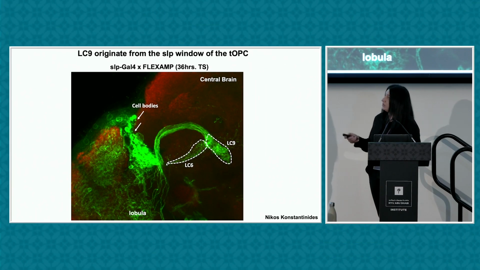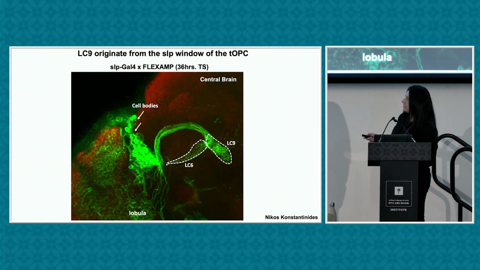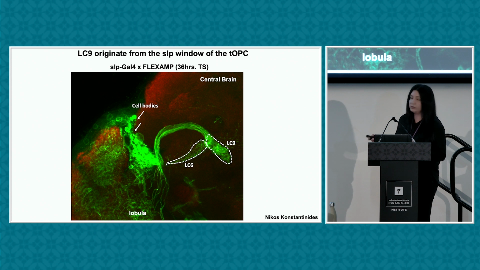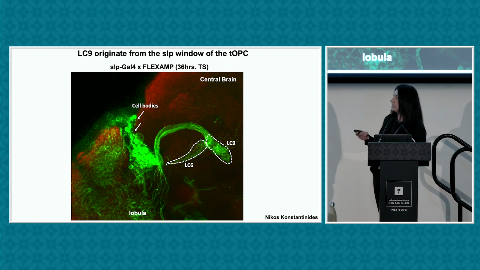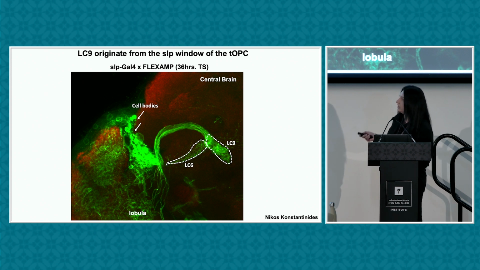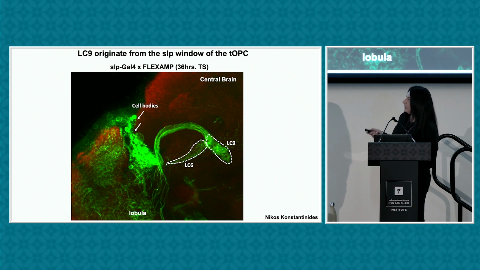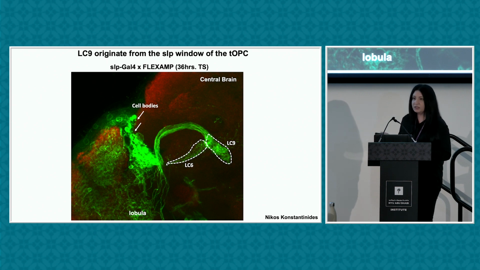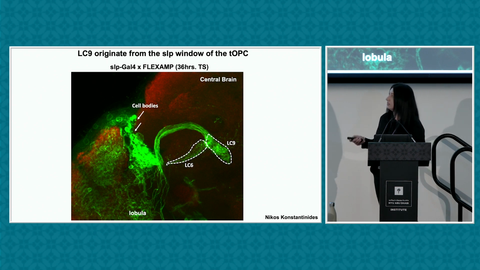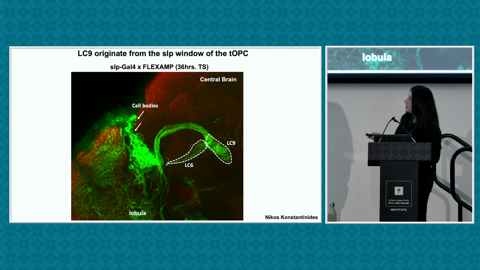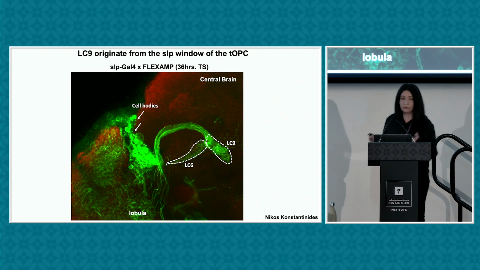This also allows us to maintain the expression throughout the adult stage, which gives us a chance to understand their morphology and identify the neurons. We did this experiment in a line that is expressed in sloppy paired positive progenitors. When we looked in the adult, we found both LC6 and LC9, meaning that these neurons come from that domain.